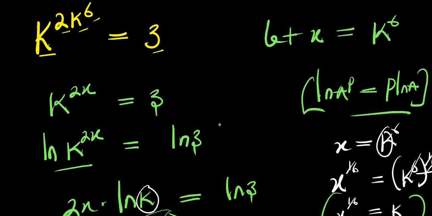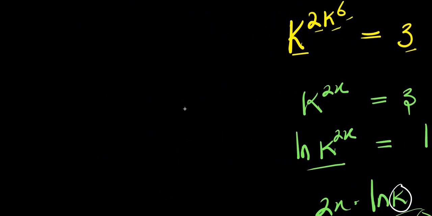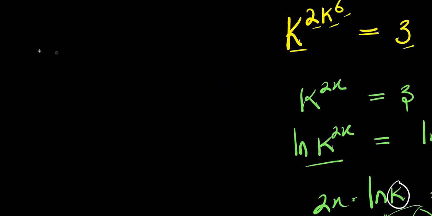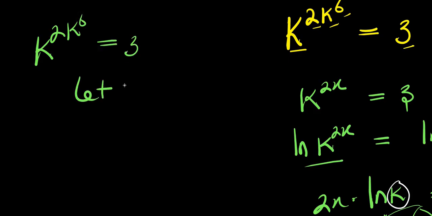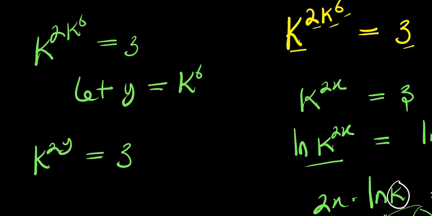Now let's consider another method. You have k power 2 times k power 6 equals 3. You can say let y equals k power 6. So that means we have k power 2 times y equals 3. So from here, let's isolate k.